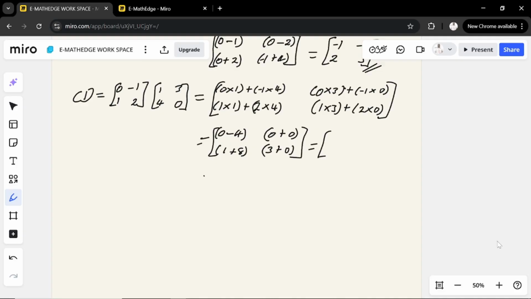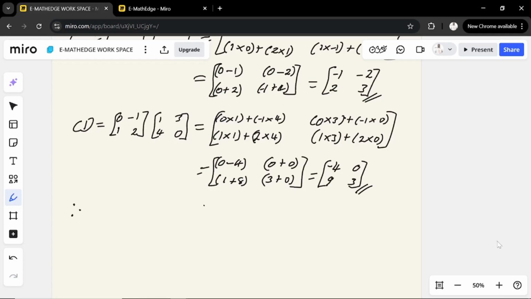So simplifying this further, we are going to have 0 minus 4 is going to give us negative 4. 0 plus 0 is going to give us 0. 1 plus 8 is going to give us 9. And 3 plus 0 is going to give us 3. So matrix C multiplying D is going to give us this matrix, which contains the elements negative 4, 0, 9, and 3.